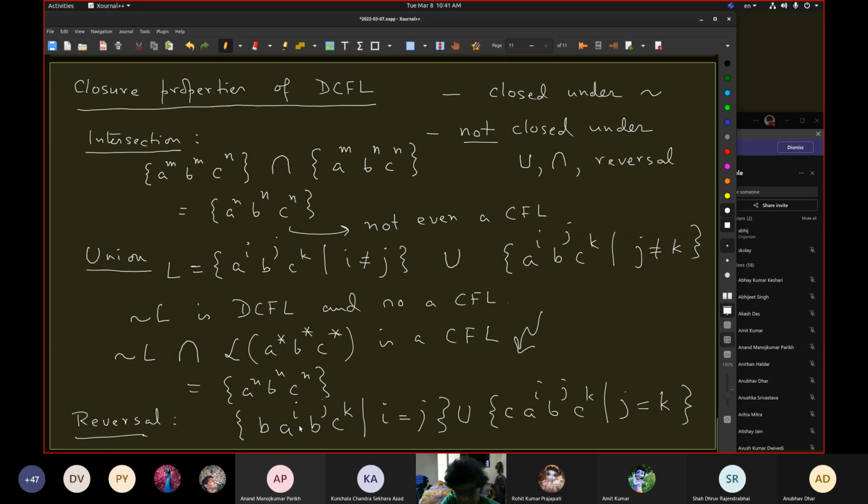On the other hand, if the string is given to you in the reverse order, then what will happen? You have an inherent non-determinism. You have not yet seen the first symbol, which has now become the last symbol. Therefore, in the beginning, you do not know whether you are matching i with j or j with k. So that is intuitively the reason why this language is not deterministic context-free.